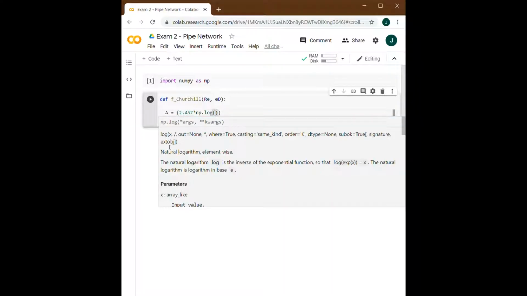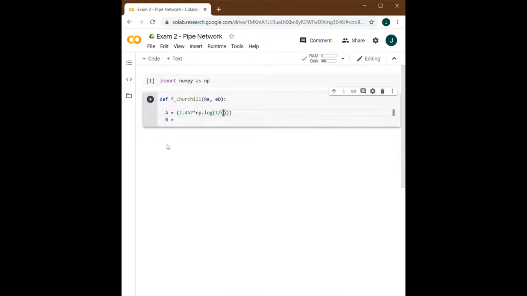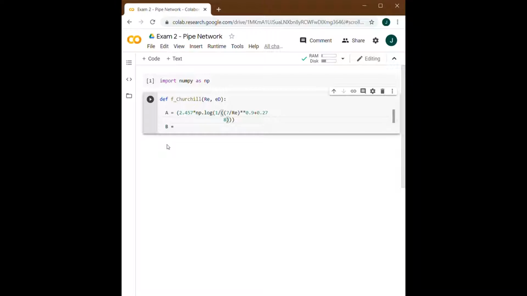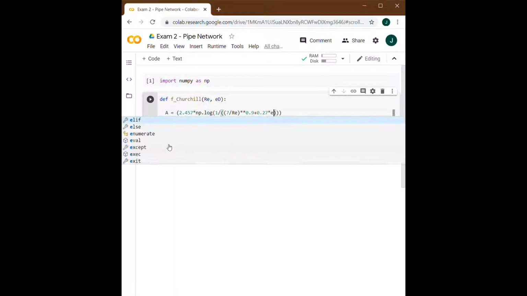Inside the log is going to be 1 divided by (7 divided by our Reynolds number) to the power of 0.9, plus 0.27 times our internal roughness.